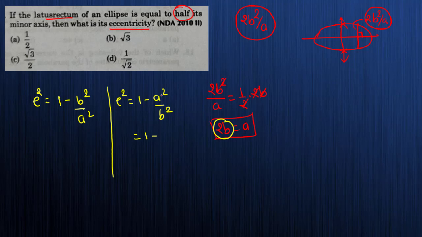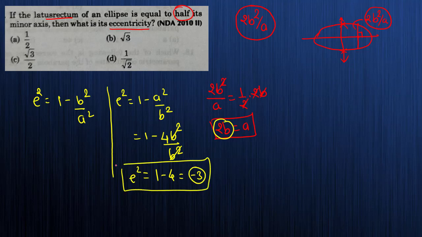So if you substitute, a square is equals to 4b square divided by b square as it is. ये b square cancel हो गया. So I will be having 1 minus 4 which is equals to minus 3. भाई e square अगर negative minus 3 रहेगा, तो is it possible to get the value of e? No, not at all. So that's why you cannot take this formula. ये formula in this case it is wrong.